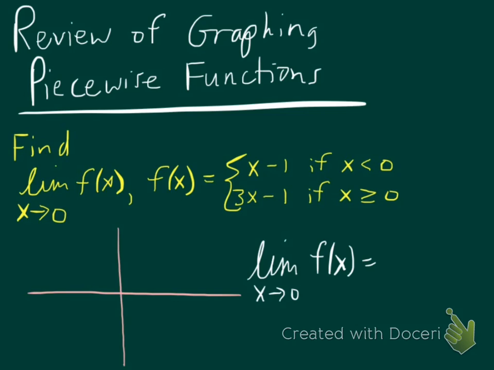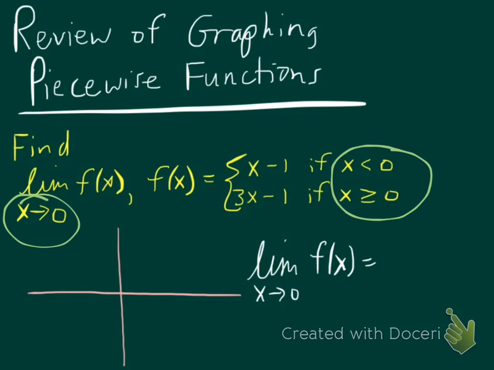This particular function is, as you notice here, the connecting real number is 0, and that just so happens to be what x is approaching. So it's really important that we get the graph right.